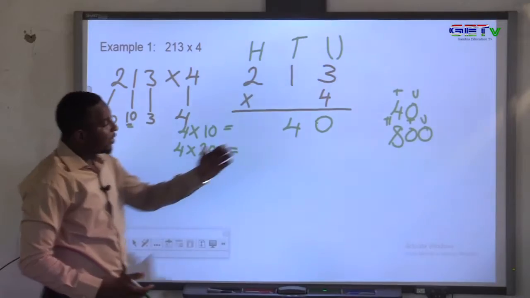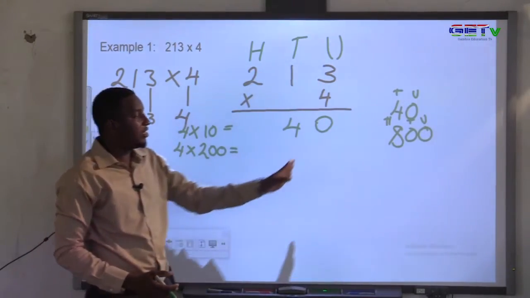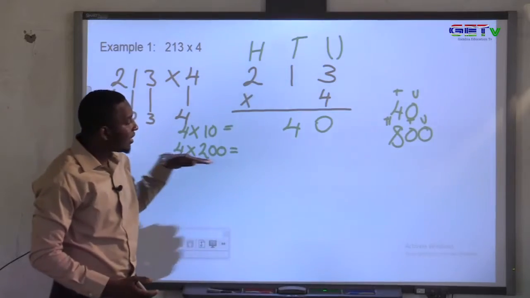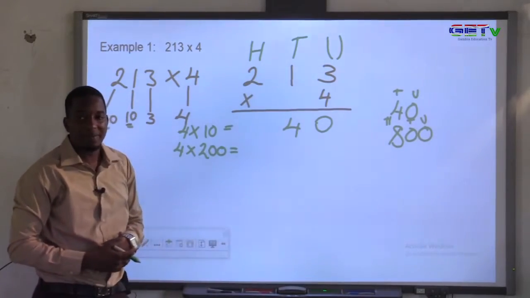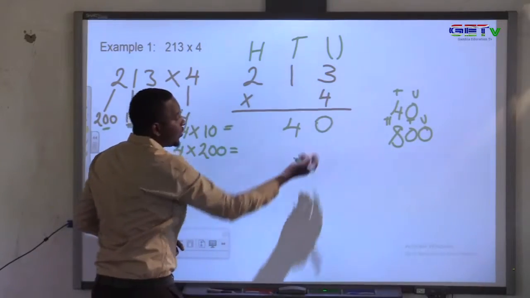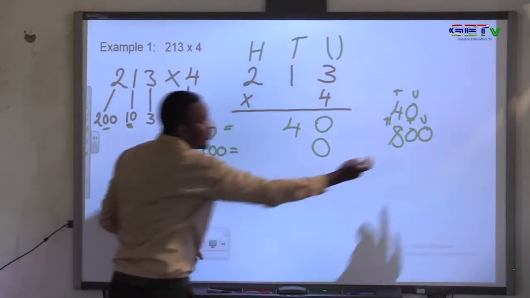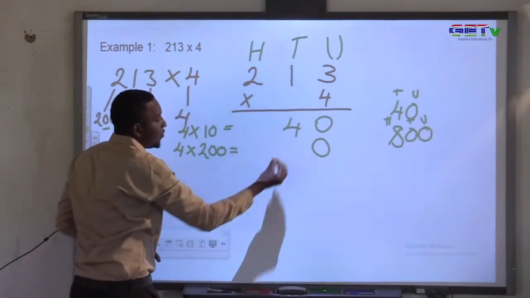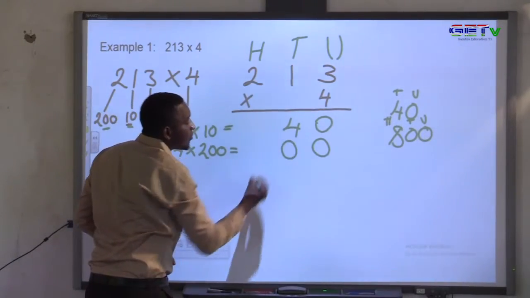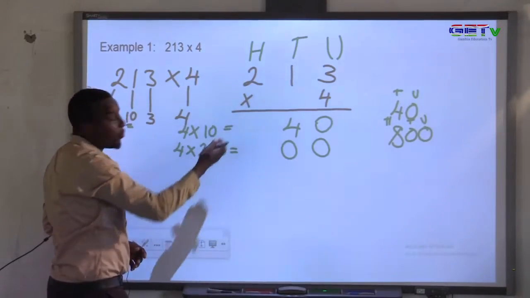So let's put 800 in our solution and make sure each digit in that number is under its respective place value. So we said the first 0 is under the unit column. We write it there. The second 0 is under the 10th column. We write it there. And the last one, which is 8, is under the 100th column. We write it there.